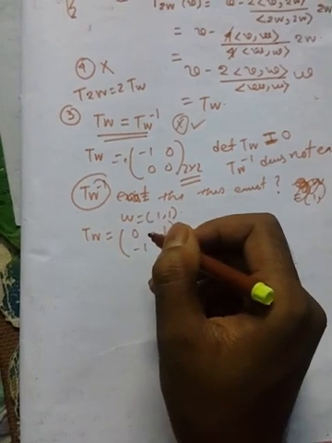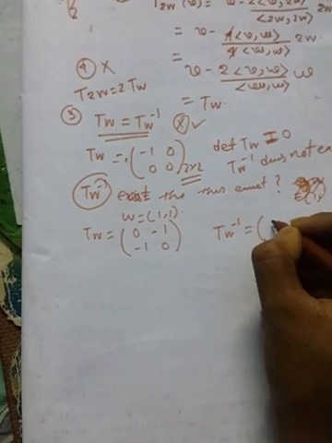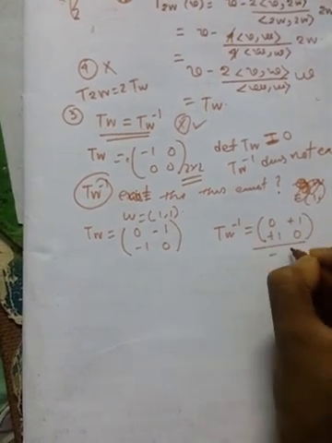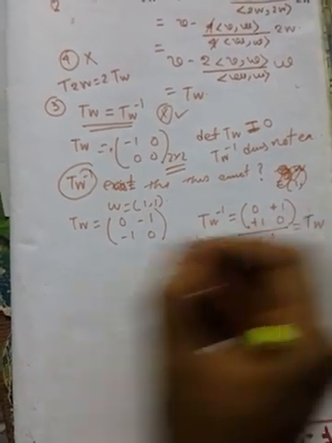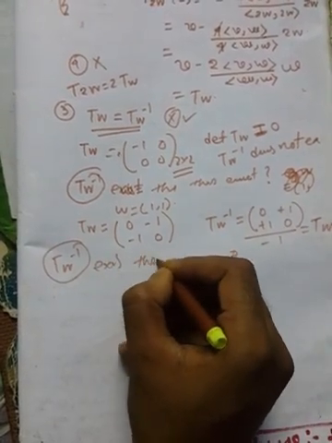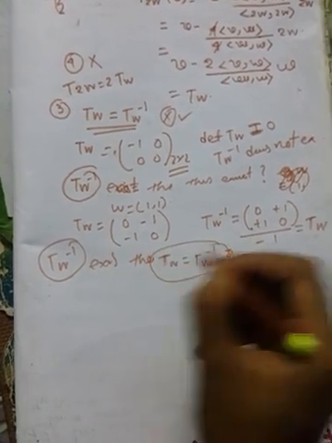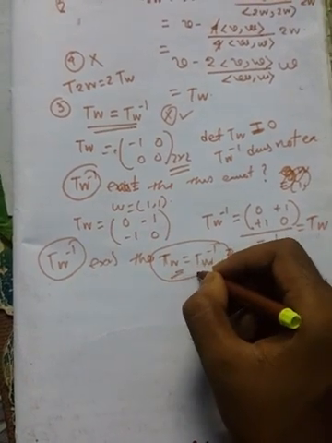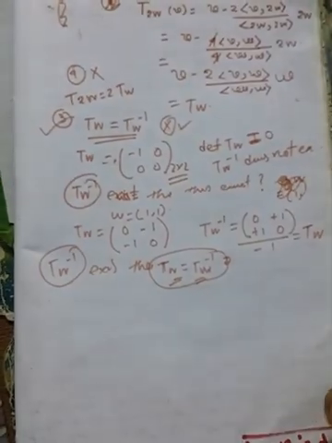Now TW inverse is also 0, plus 1, plus 1, 0 divided by minus 1, so this is actually TW. So if TW inverse exists, then TW equals TW inverse. If it does not exist, then we have nothing to say. But if it exists, then it equals its inverse. So in this sense, option 3 is correct.